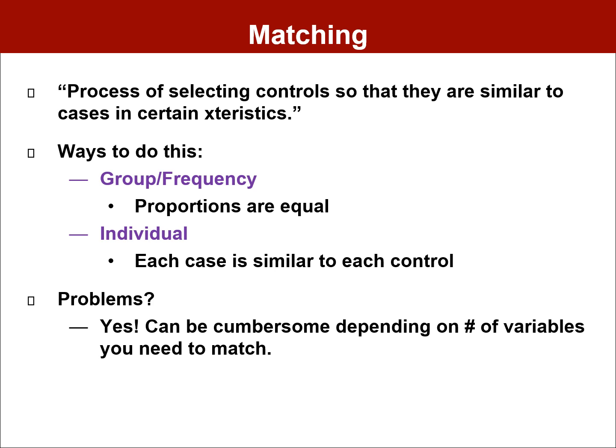It could also be done using age groups. So let's say in your case group, you have 3 age categories. Maybe 25% are aged 18 to 40, another 50% are aged 41 through 60, and another 25% are aged 61 and above.